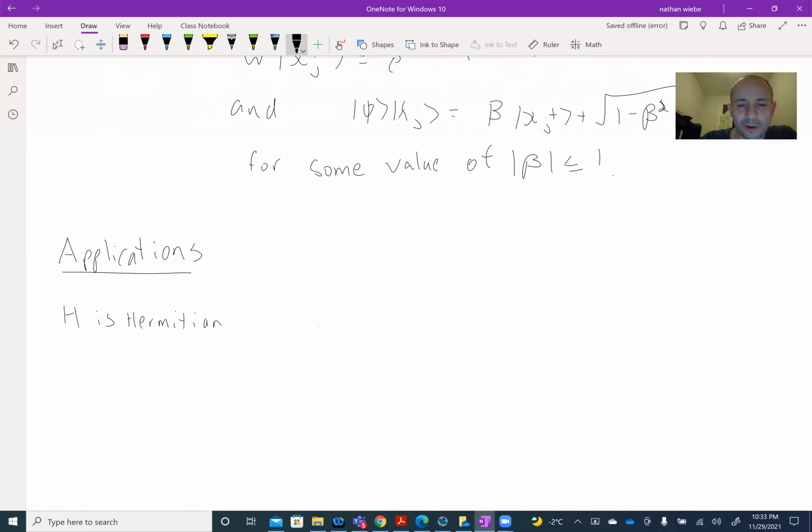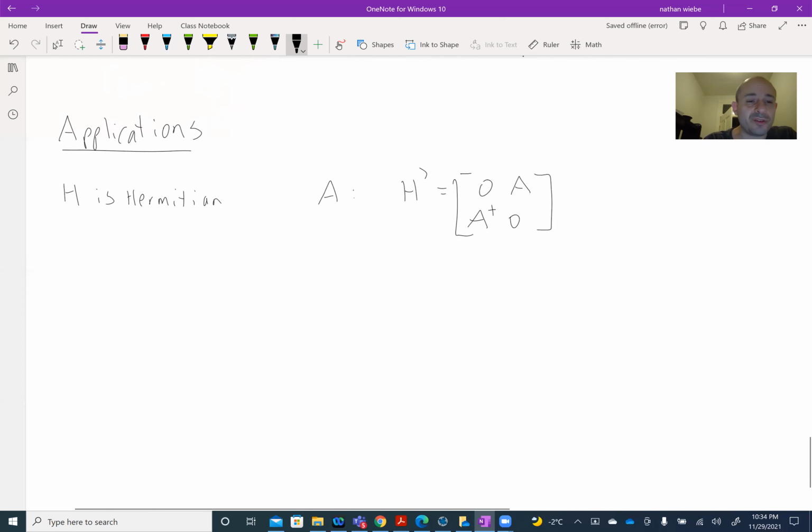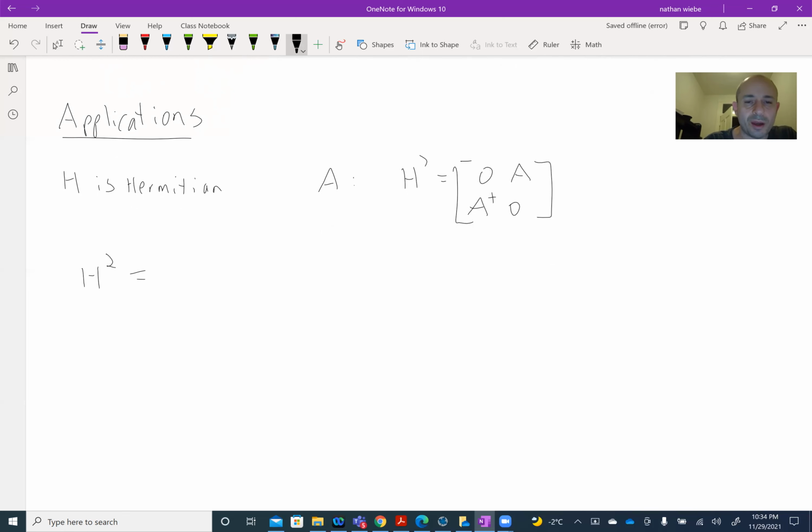So let's say we have a matrix A. Then for any matrix A, we can define H prime equal to 0, A dagger, A, 0. Then from this definition, it's pretty straightforward to see that H prime squared is equal to A dagger A, 0, 0, A A dagger. And you can see that this ends up forming two irreducible blocks.